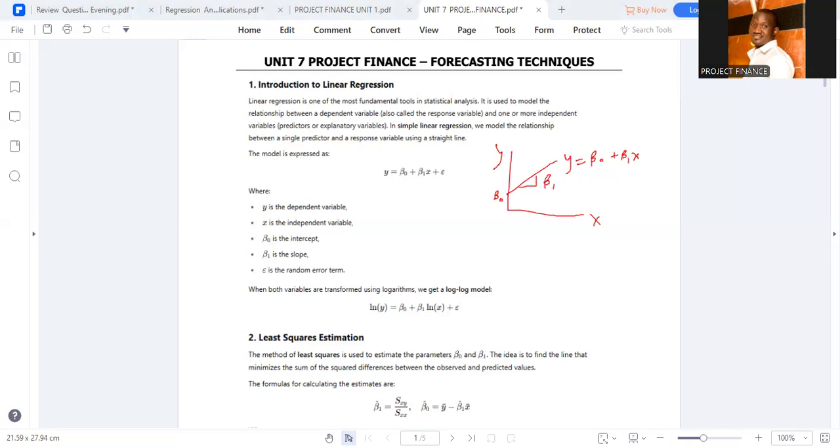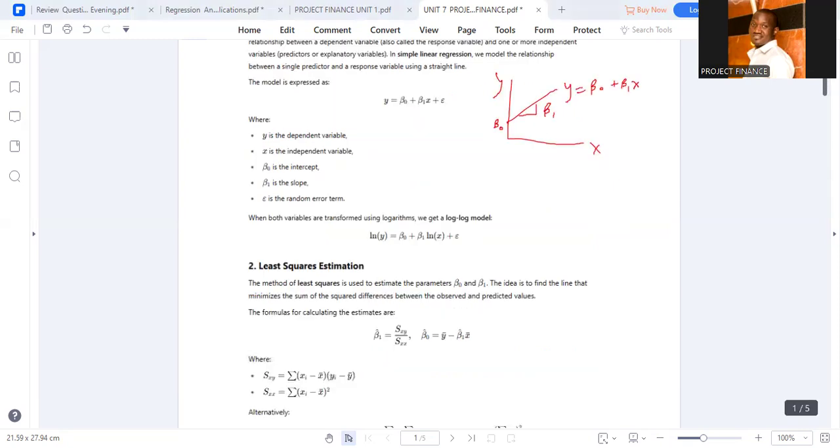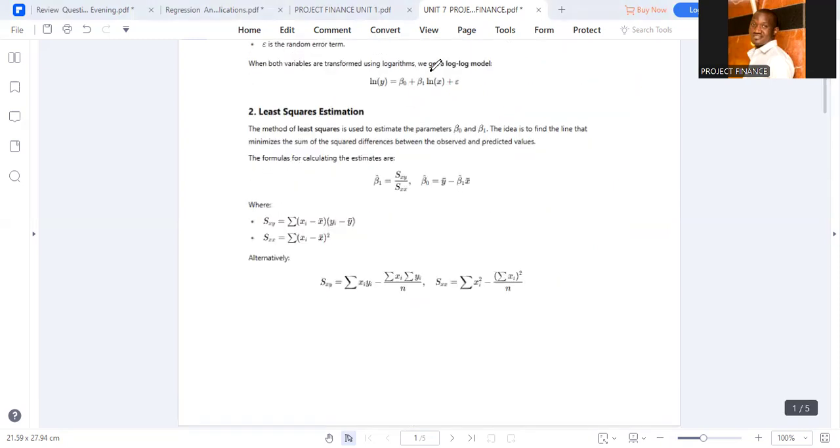All right, so we now want to explain the least squares estimation. The least squares method is used to estimate the parameters of the slope and the intercept.